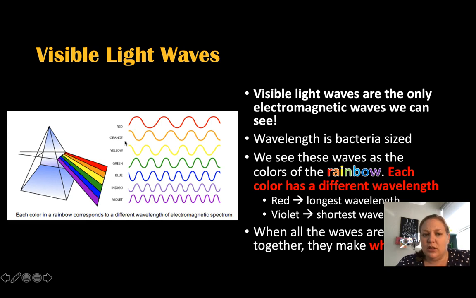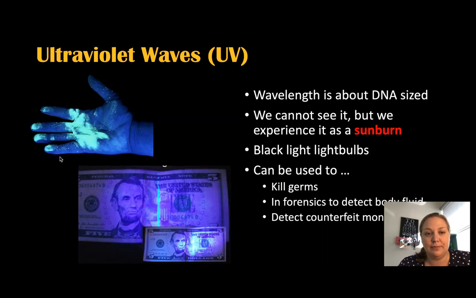So remember, infrared is on one side and ultraviolet is on the other. When all of the waves are together, it produces white light. And we are going to look through spectroscopes in the coming days where you will put basically white light in, but it will produce and separate everything into the colors of the rainbow for you, like a prism does.